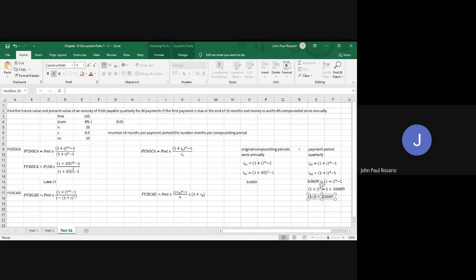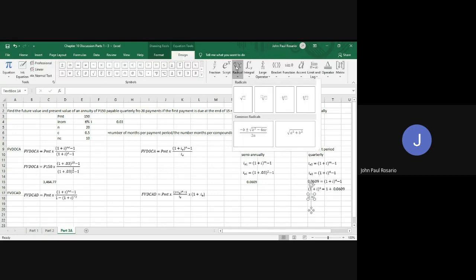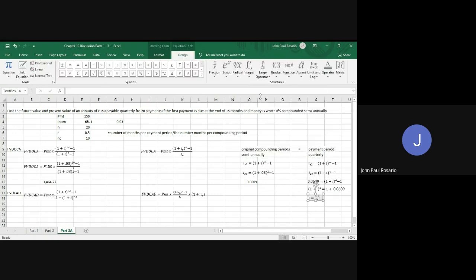And then we'll go directly to having the fourth root of 1.0609, which is the 1 plus 0.0609, and then on the outside of the radical sign, we less 1.